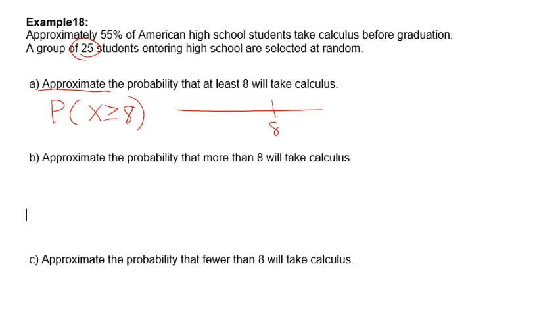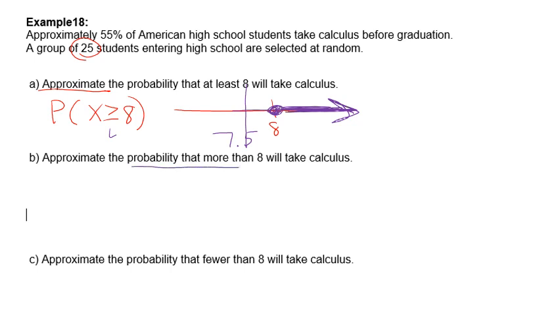So we're going to be going in this direction, right? Now we want to include the 8, so we're going to have to start below 8 in order to include the 8, so we'll be working with 7.5.